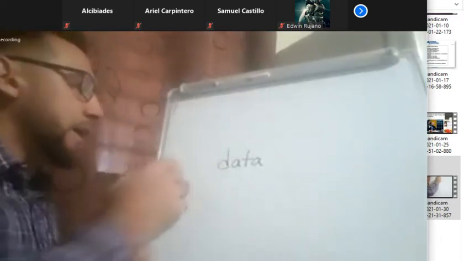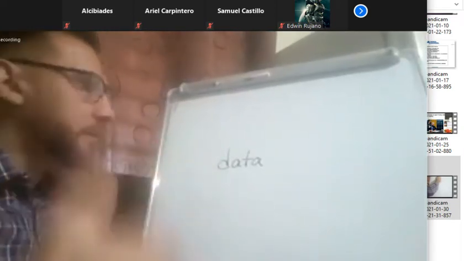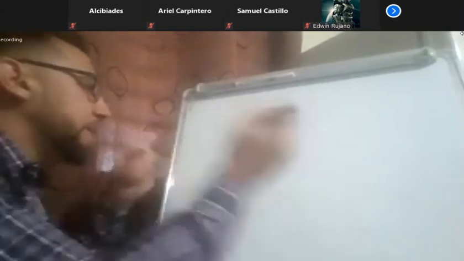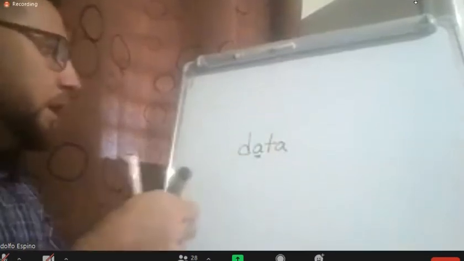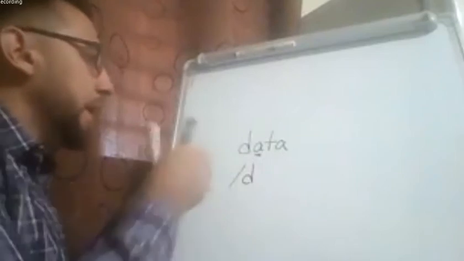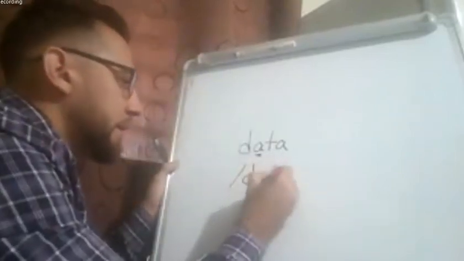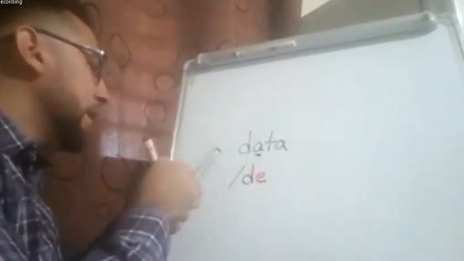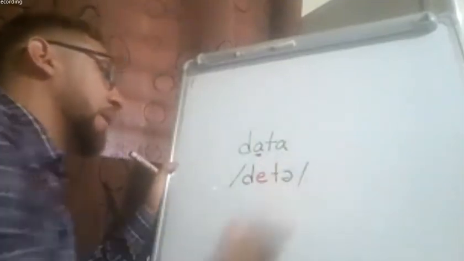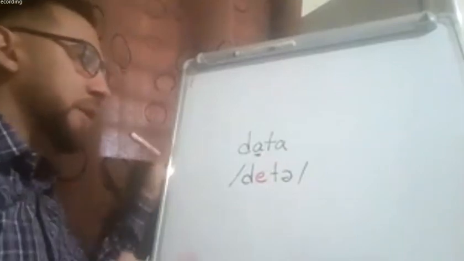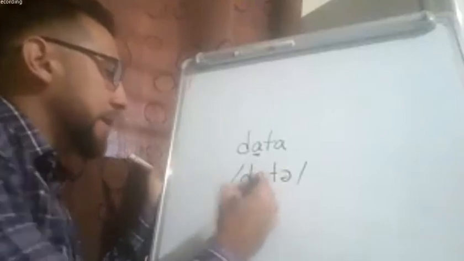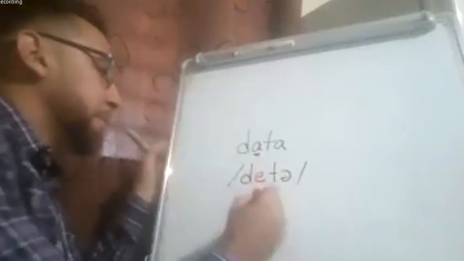Okay, this word has different realizations of the same sound. In this case, this one. So the first one is data, or data. This is one of the first pronunciations of this word. Another one is data or data, right?